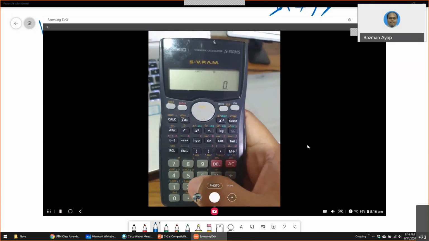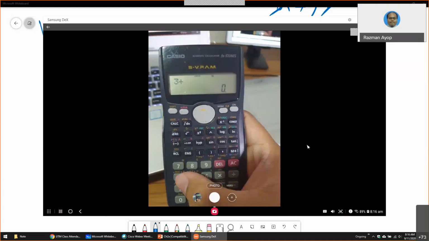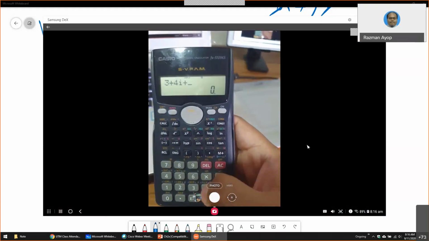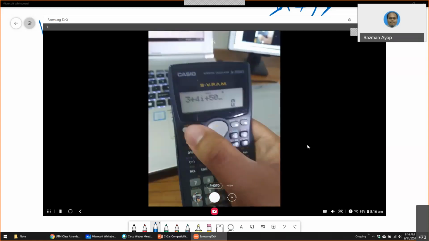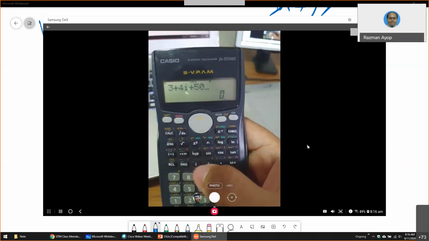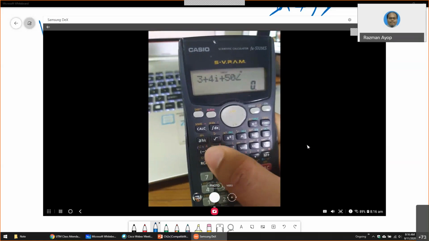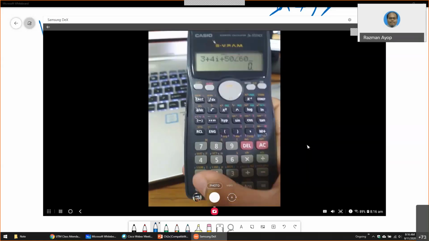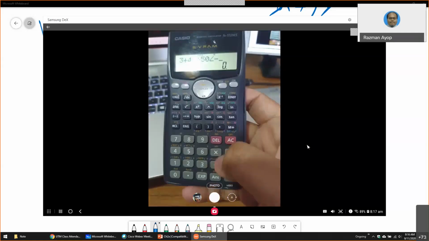So 3 plus 4i, plus 50, then you press shift for the angle, then negative 60.